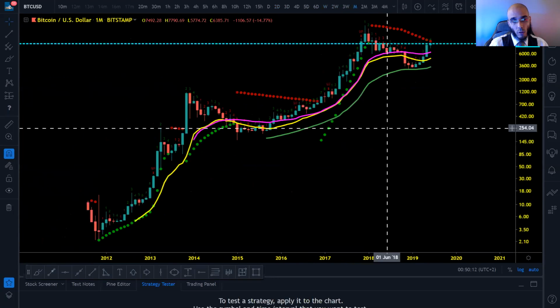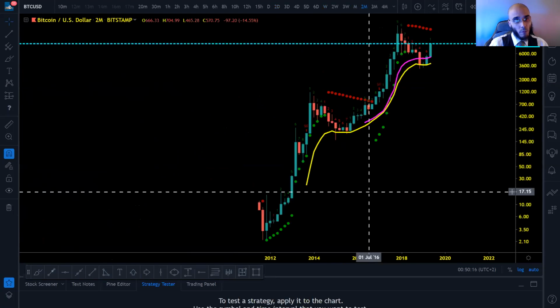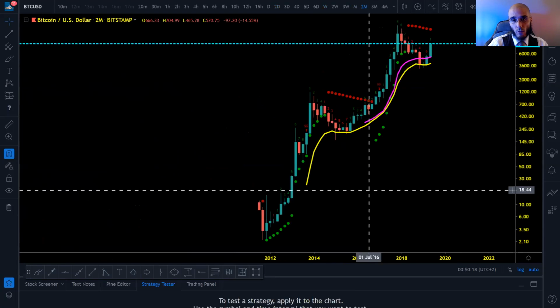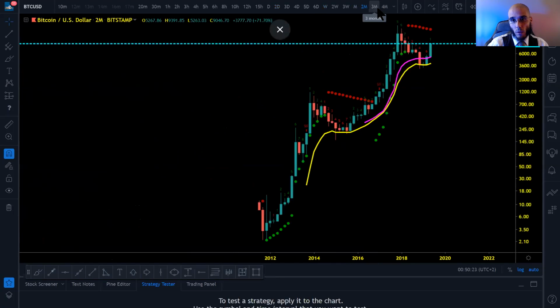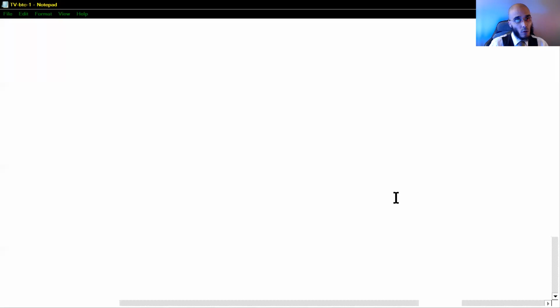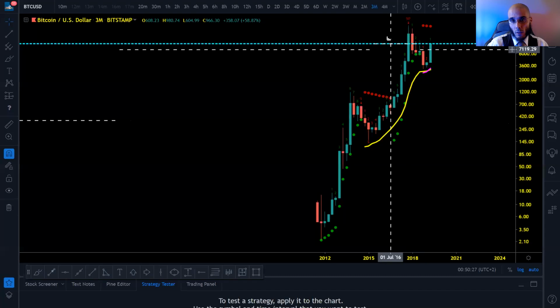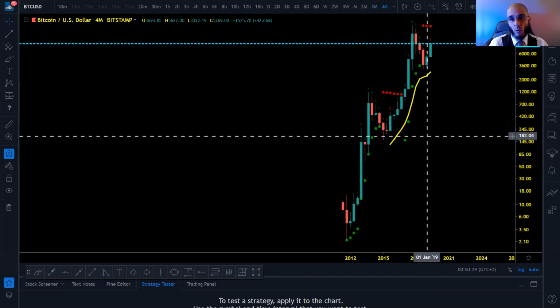The 1 month, you're on a 4 up with confirmation. And the 2 month, you're on a 1 up without confirmation. And the 3 month, you are also on a 1 up without confirmation. And the 4 month, you're on a 3 down without confirmation.